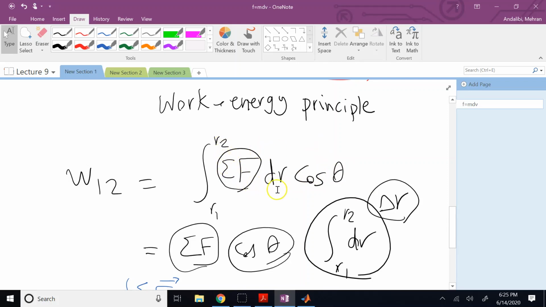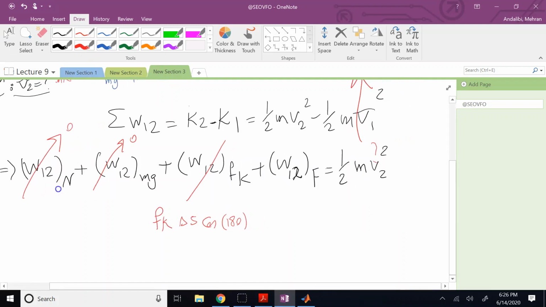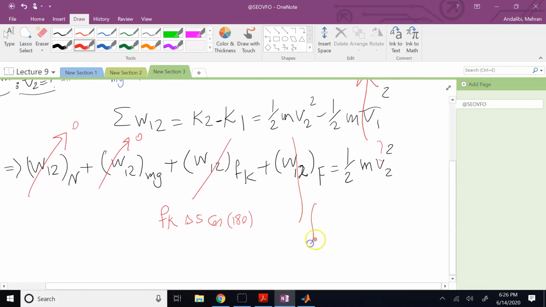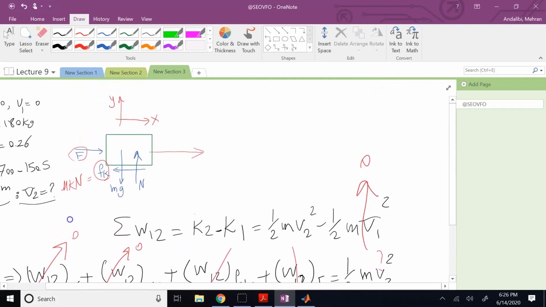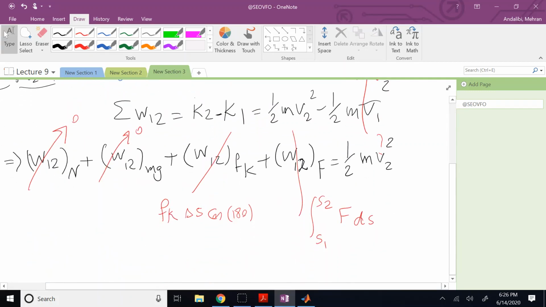So what I really need to calculate the work of the hydraulic cylinder is to apply this integral. So I say the work of this cylinder is integral from S1 to S2 of F dot ds. And here dr and ds are the same thing, right? Because the only displacement you have is S, or you can call it dx, doesn't matter. Okay, they're all the same thing.